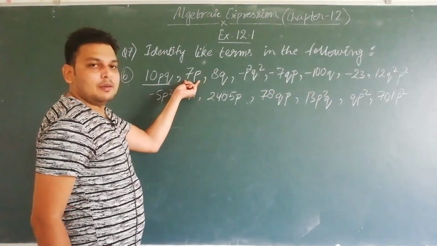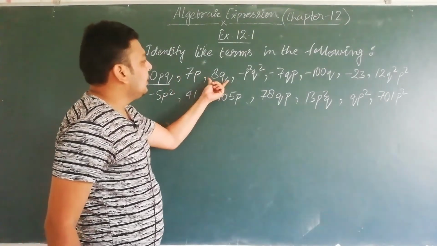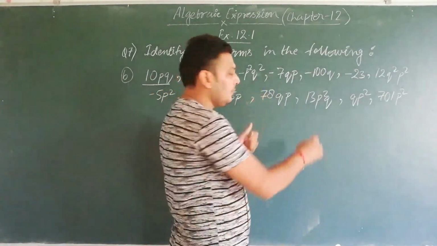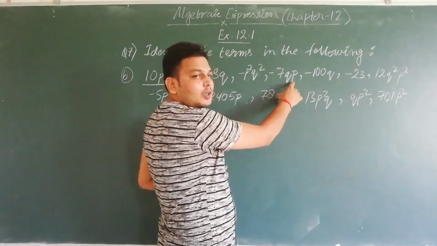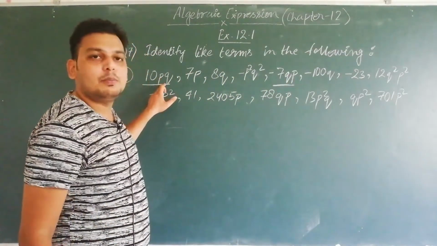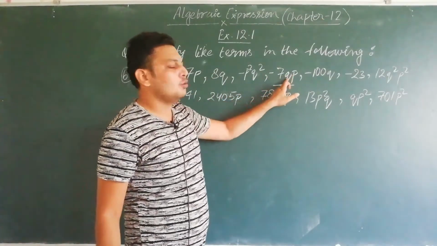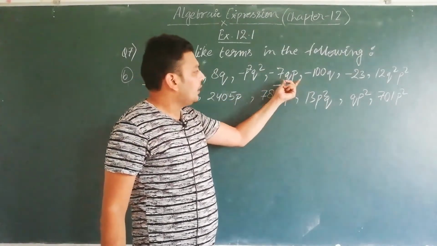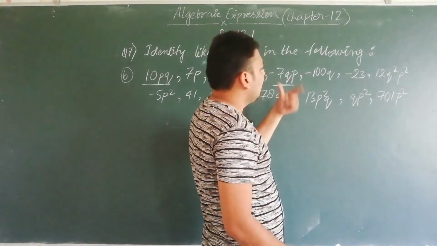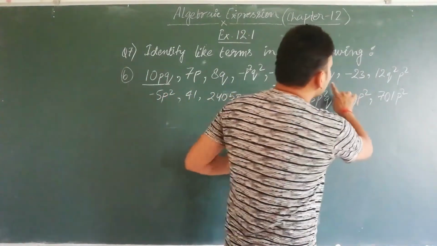Okay, 7p, no, it is not same. 8q, it is not same. Minus p square q square is not same. Minus 7qp, this is same as 10pq. Just q is written earlier, but the variables are same. Okay, so minus 7pq is one of the like terms.